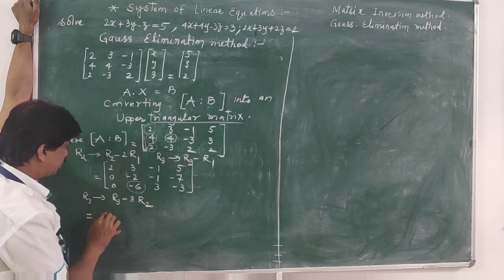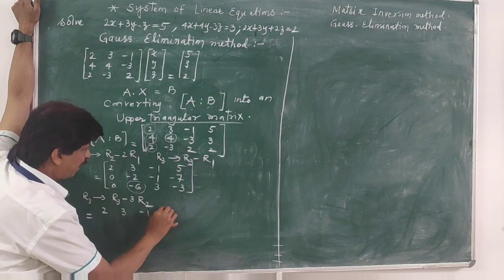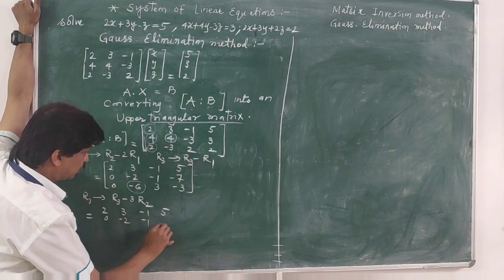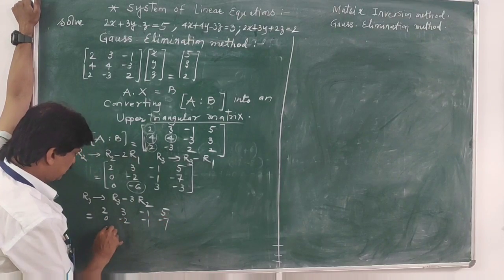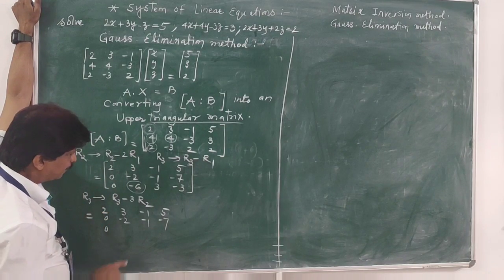So the first 2 rows stay as they are: 2, 3, minus 1, 5, and 0, minus 2, minus 1 and minus 7. So 0 minus 3 times 0 is 0.